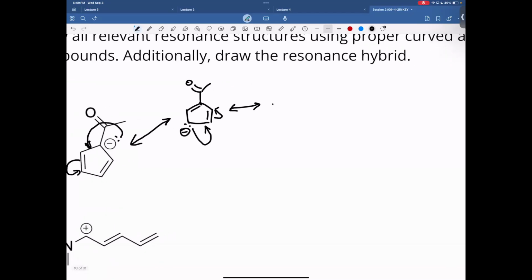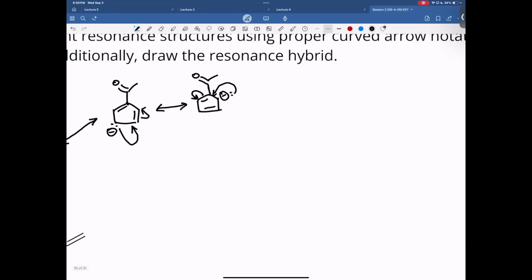So what can we get? We can get another resonance structure. And then the negative charge would be here again. And then we can continue this around the ring again by making a double bond here, and then bringing this double bond and making this into a lone pair.